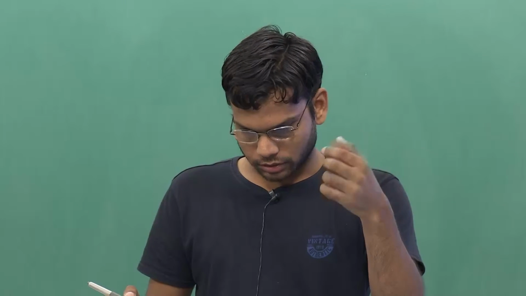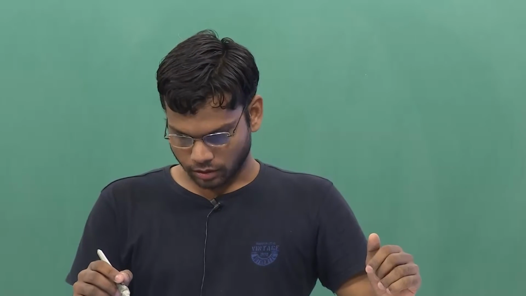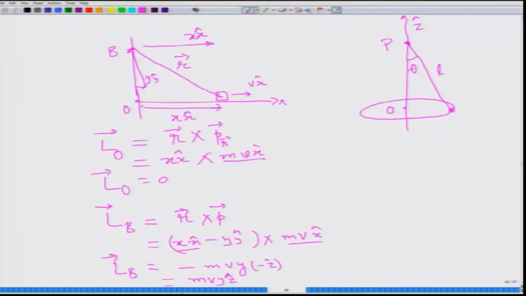Okay, so for this conical pendulum, let us calculate the angular momentum about this point O. Say this is the tangent, so the velocity of this object is this, and say the mass of this bob is m, and this vector is r.